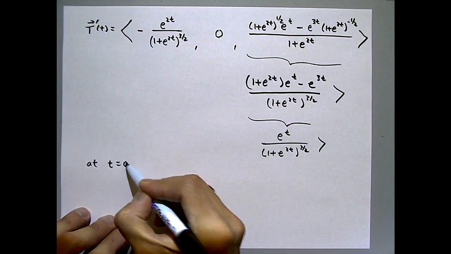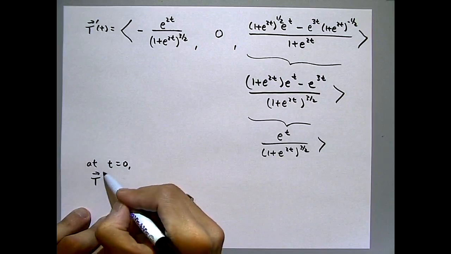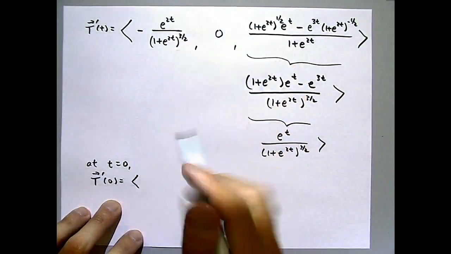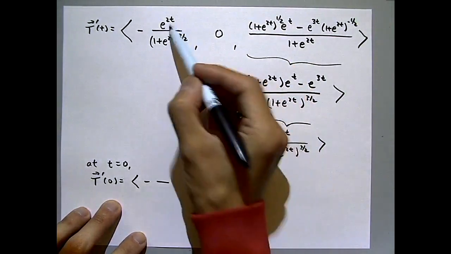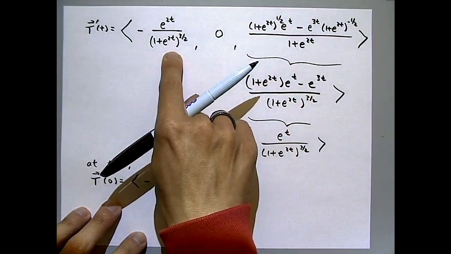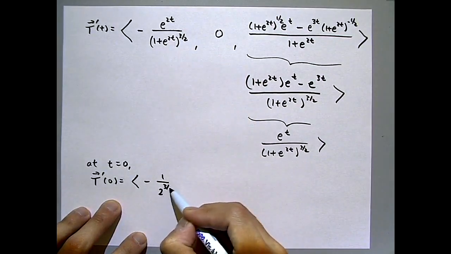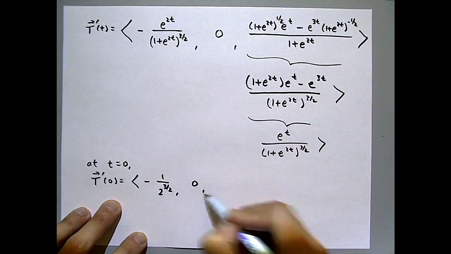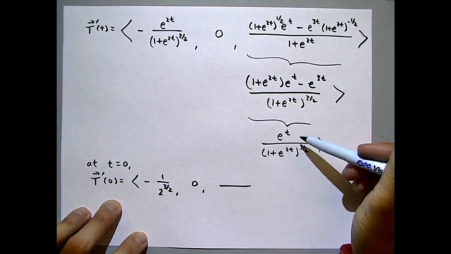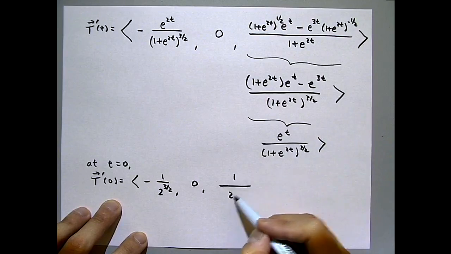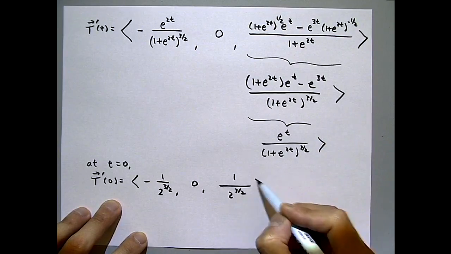At t equal to 0, T prime is equal to negative, that's a 1, that's a 2 to the 3 over 2, 0. Here, this is a 1 also, 2 to the 3 over 2 down here.